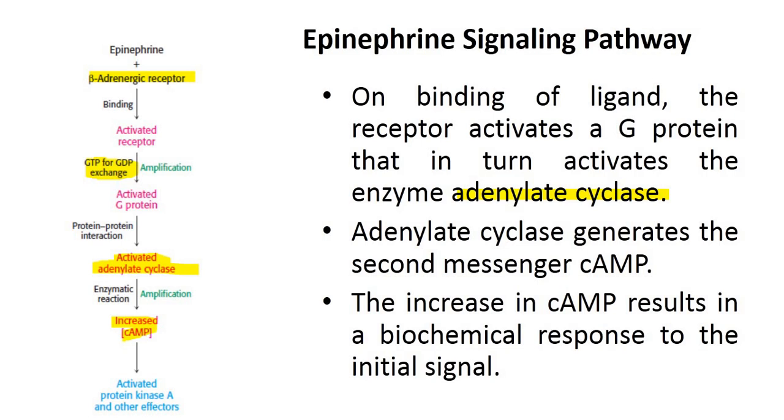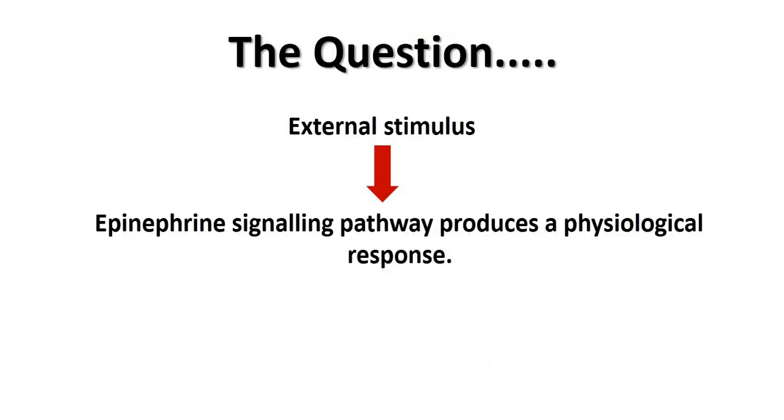Now, there is a very important question which we are going to ask of this pathway. First, we have an external stimulus. This external stimulus leads to the epinephrine signaling pathway, and this pathway creates a physiological response.